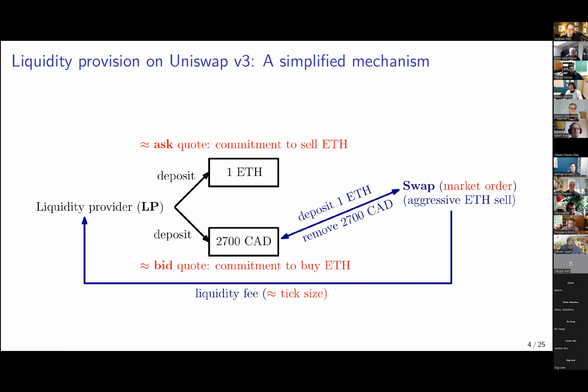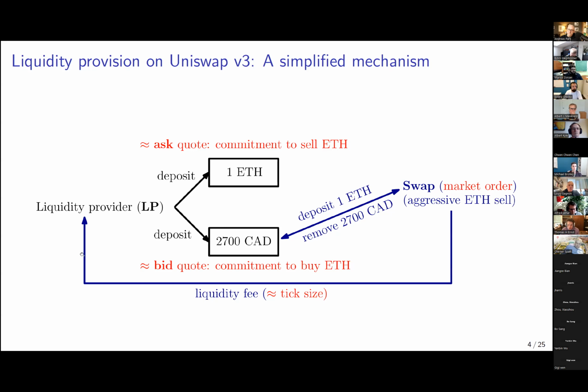Now, assume somebody comes with an aggressive order, an aggressive Ether sell. That's going to be called a swap. They are going to essentially deposit the Ether into the pool and remove your 2,700 Canadian dollars. So they're basically going to swap one currency for the other.